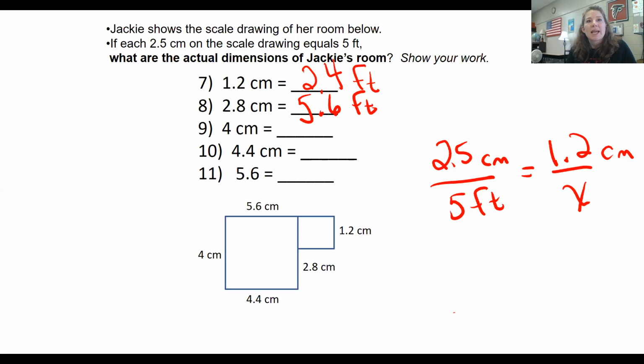And then this is going to be 8 centimeters. Hopefully you guys have tried these and now you're just checking your answers. This is going to be 8.8 feet. And then finally we have 11.2 feet. All right, sorry about my handwriting, it's atrocious.